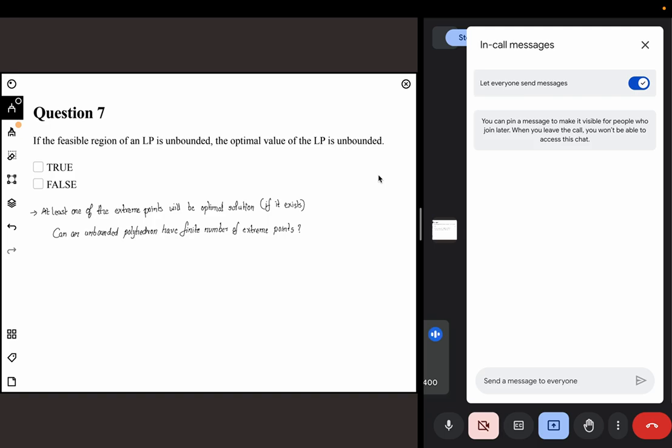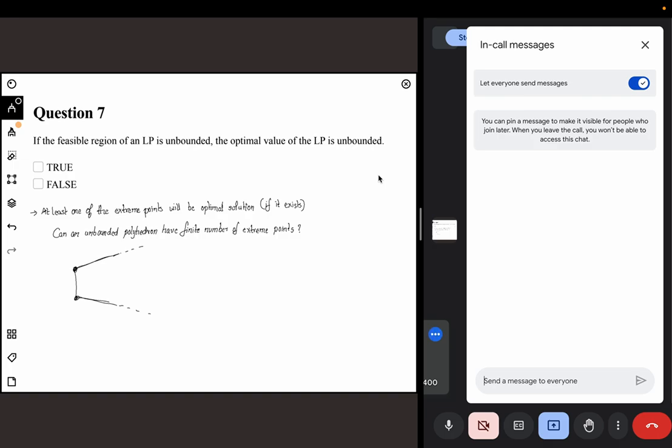Can you think of any scenario where you have an unbounded polyhedron and a finite number of extreme points? It's very straightforward, right? You can take something like this, some nozzle kind of shape. This is my set, and it keeps going on in this direction. This is definitely unbounded because it keeps going, you can always have the rays. So it is unbounded, and still you have the extreme points here.